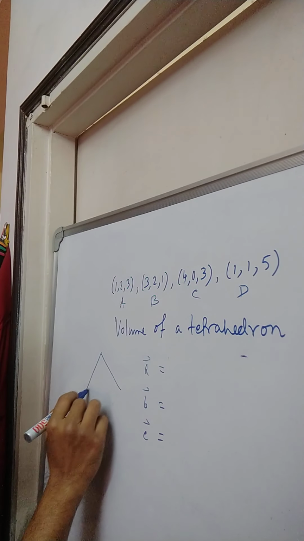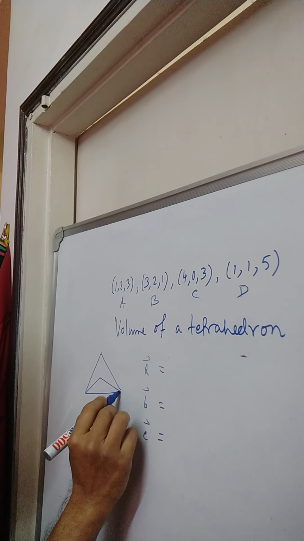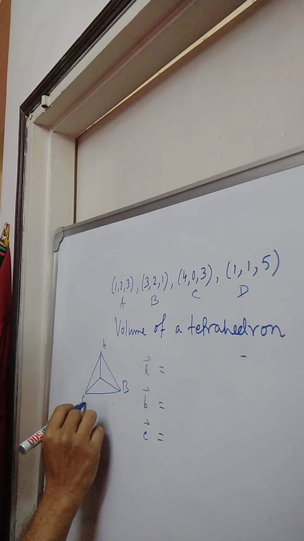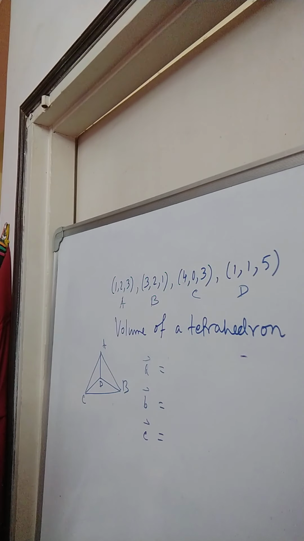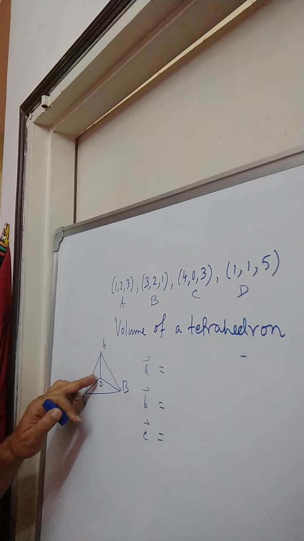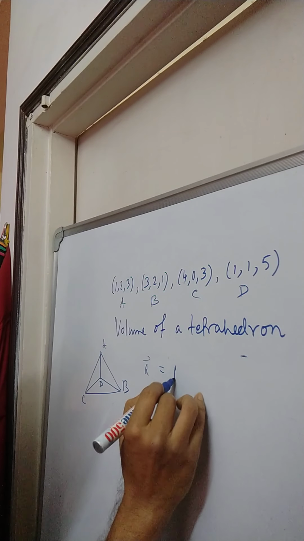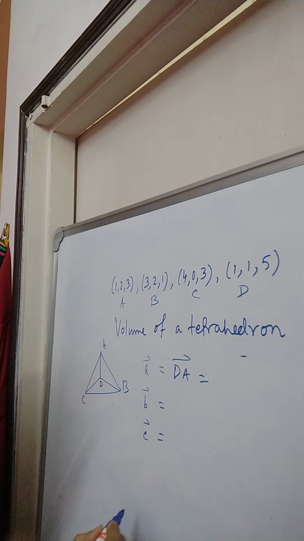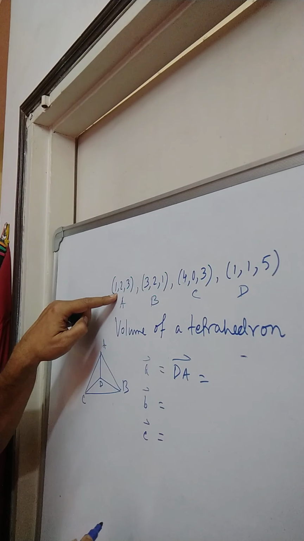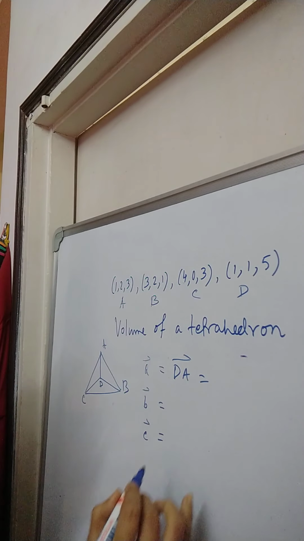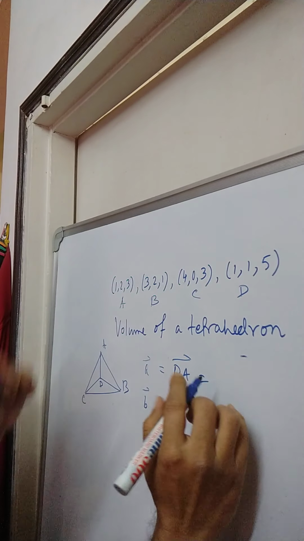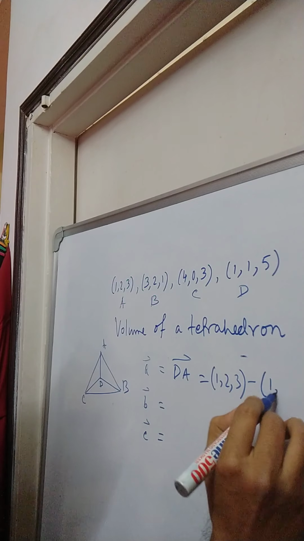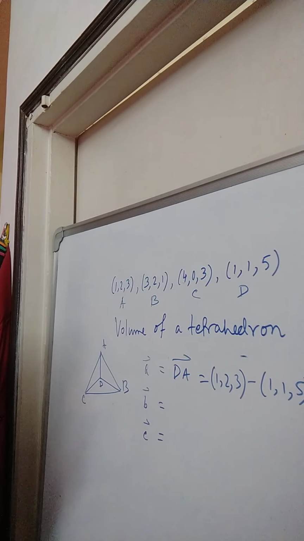So, the tetrahedron will be like this. If this is A, this is B, this is C and this is D, then obviously what will be A vector? A vector is DA, isn't it so? That will be the position vector of A, which is this, minus the position vector of D, which is this. So, it will be 1 2 3 minus 1 1 5.